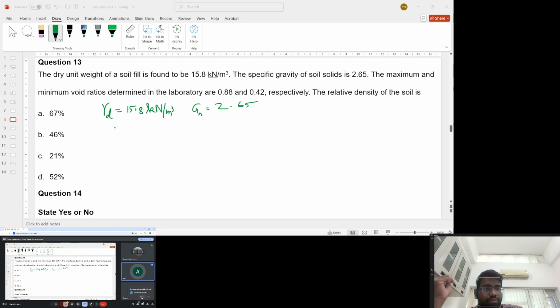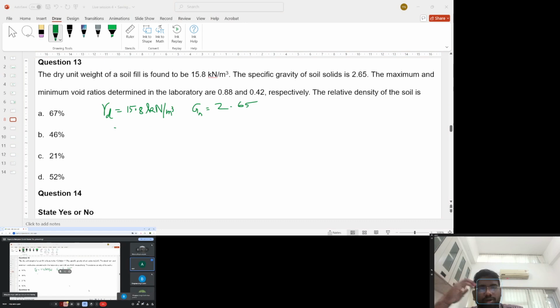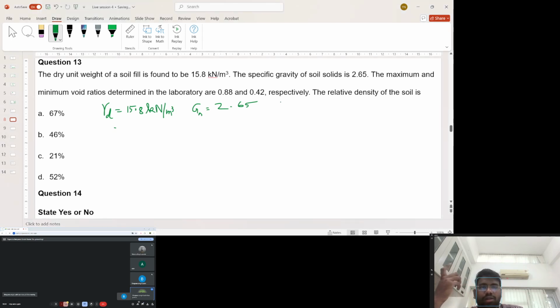What is gamma W, sir? Gamma W, you can take it as 10, or it is better, since it is not specified, you can consider it as 9.8, 9.81. You work it out so that we can check the values which are coinciding.